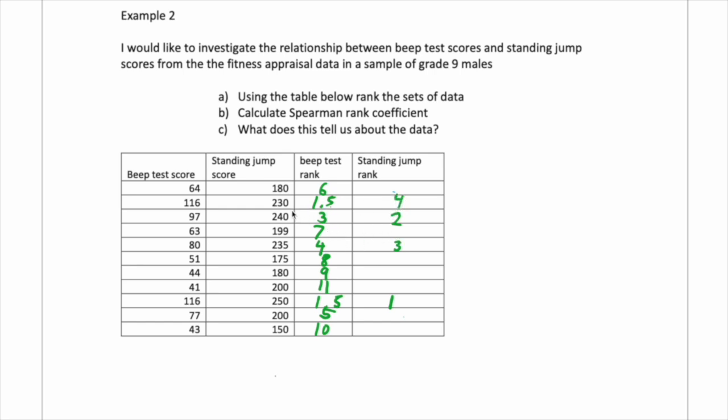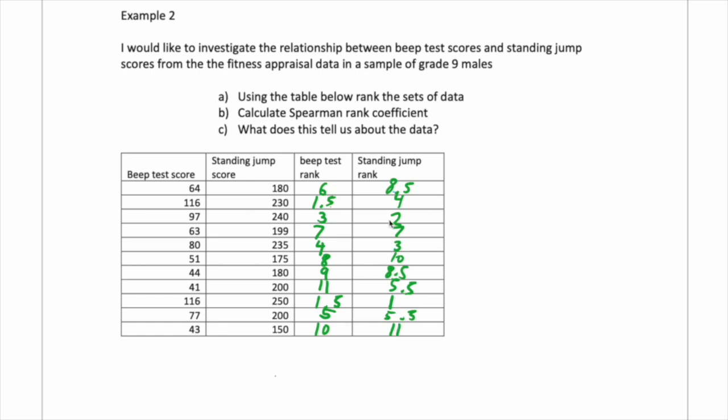When we go to 5, we have 200, but there are two 200s, so that'll be fifth and sixth place. You do the average, which is 5.5. Next we're on to 7, and now for 8th place we have 180, so we have 8th and 9th place. The average is 8.5. Then we go to 10th and 11th.